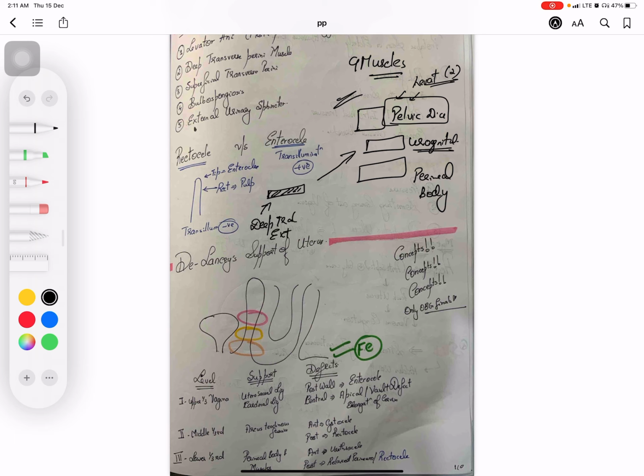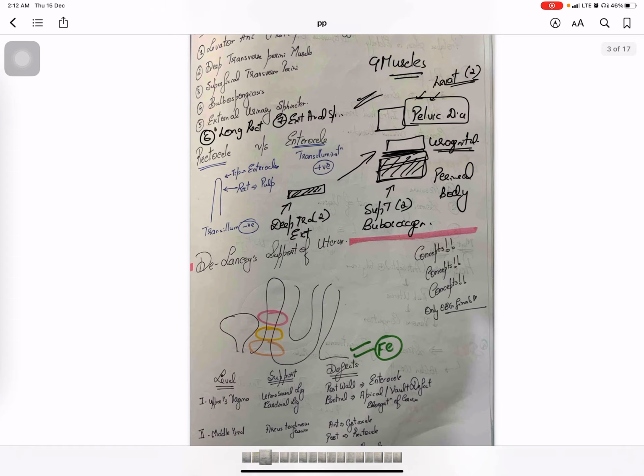So this becomes two. Then we have the perineal membrane. Then we have the superficial perineal pouch, which is made by the two superficial transverse perineal, deep transverse perineal, and bulbospongiosus. Along with this, we have two extra muscles we're just going to name here: longitudinal fibers of rectum, along with fibers of external anal sphincter.